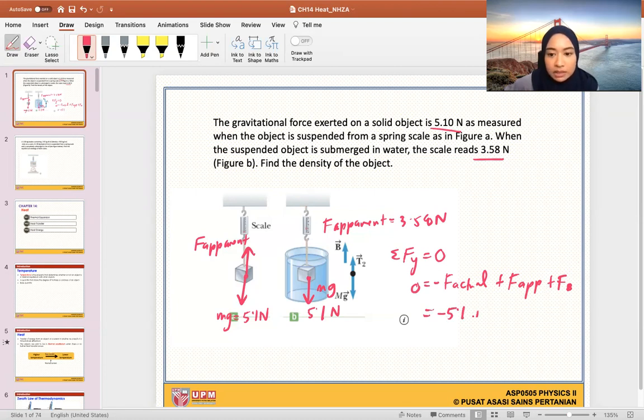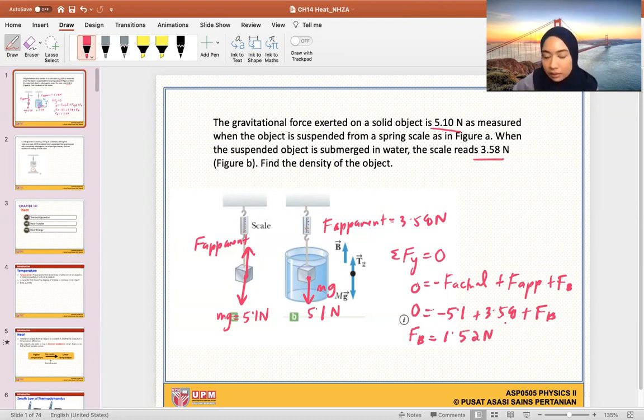Our F apparent is 3.58. Our FB is, we don't know. So this is all equal to 0, and FB is equal to 1.52 newtons if we are using my question. I know you guys have different values.